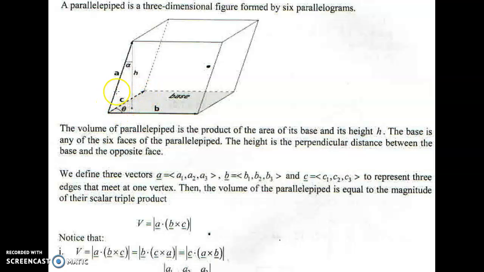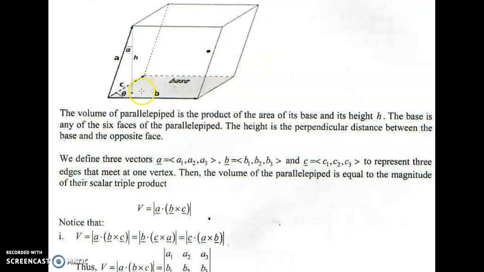We are going to use 3 vectors to represent the edges, and as you can see, the 3 vectors or the 3 edges are connected to one vertex. That is the idea, the component that we're going to use in calculating the volume of the parallelepiped.